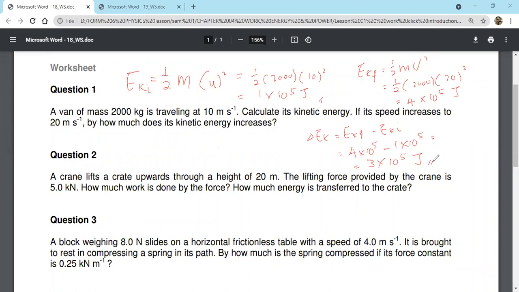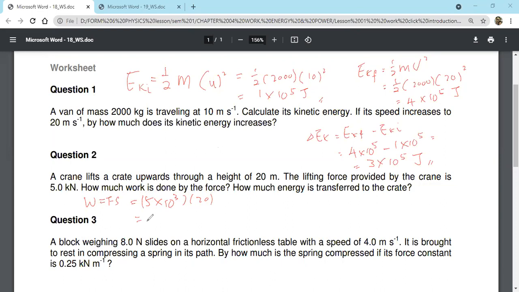First, to find out the work done, we use W equal to Fs. How much is the F? That means 5 times 10 to the power 3 times the s of 20 meter. So how much is the work done?